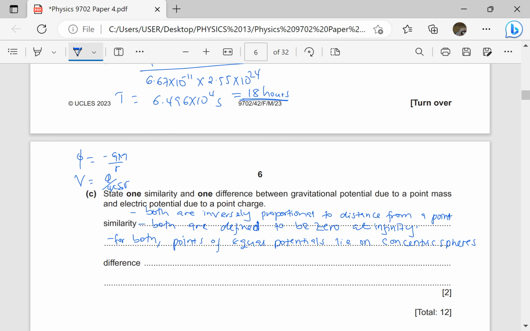So in both cases, if we have a point charge, points of equal potentials will lie on a concentric circle around the point charge.